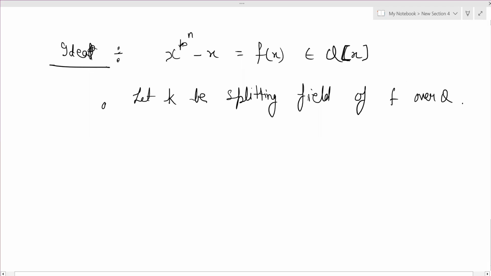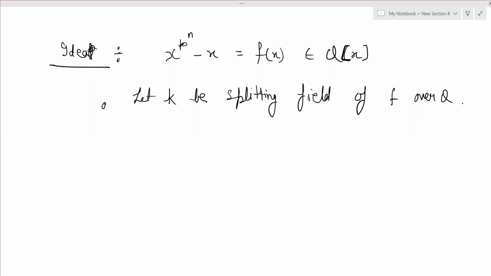Sir, in a splitting field, if there is an extension of a field, we can express the polynomial as a product of linear factors in that extension. Yeah, exactly. That is the way. Let me make it precise. Whatever you are saying is correct.